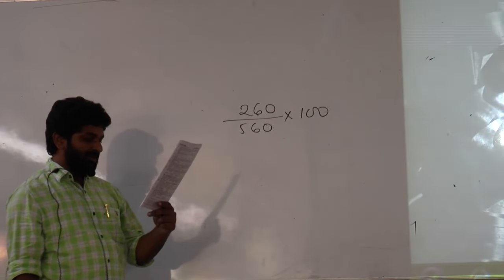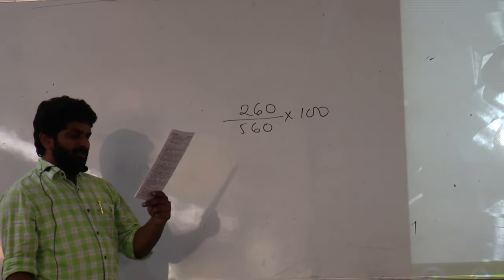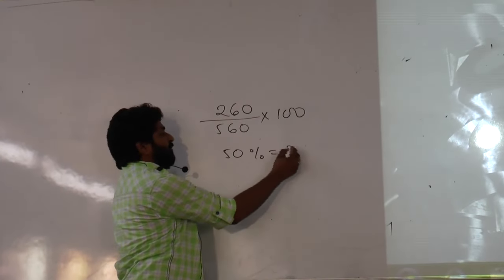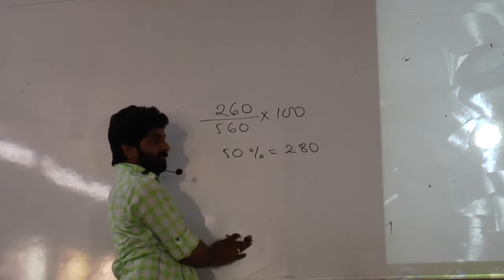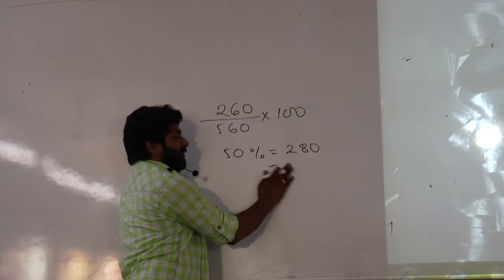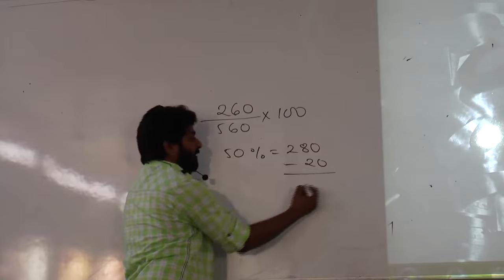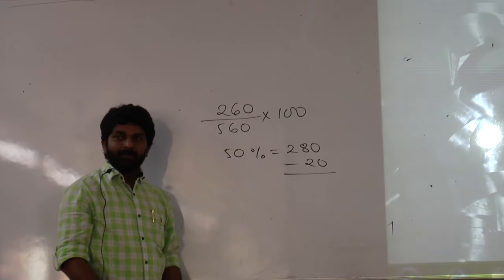Look at your options. 4 options are there. 50% is equal to 280. From this, you need to subtract 20 so that it becomes 260, our numerator.